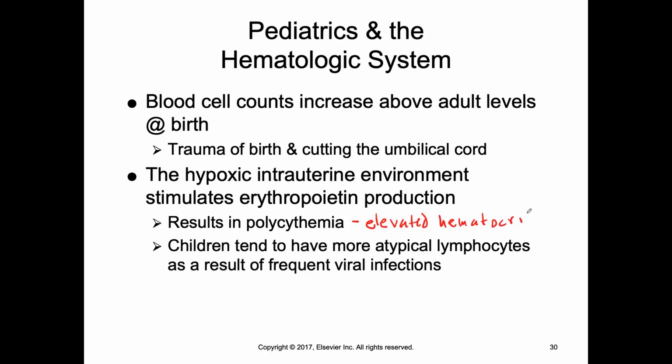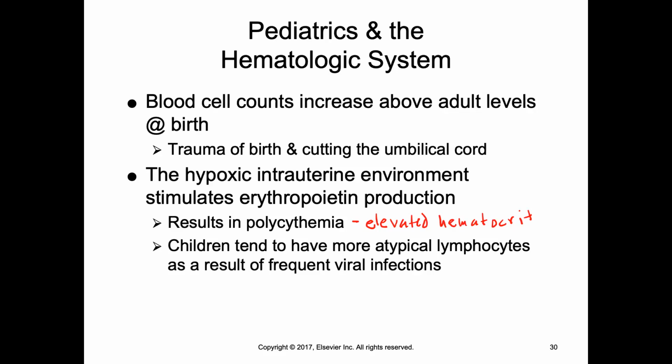Okay. Now, primary polycythemia is a disease process, and that usually indicates some problem with the red bone marrow, right? But secondary polycythemia is a normal response to high altitudes or low oxygen concentration, okay? Children tend to have more atypical lymphocytes as a result of viral infections as well, okay?